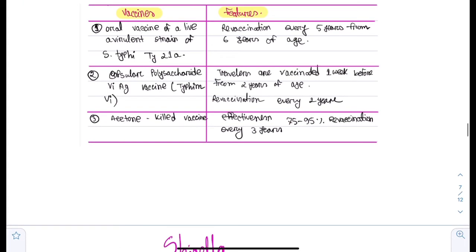So you can take the oral vaccines, which is an avirulent, live strain. So the virus will be the bacteria, I'm sorry, that would be bacteria.